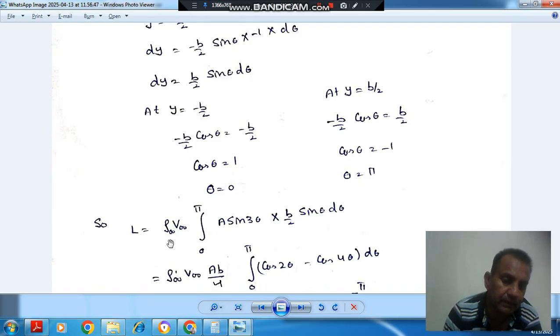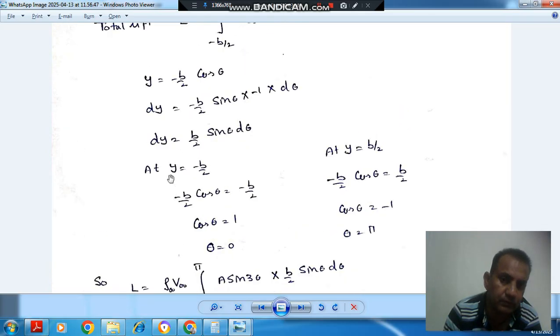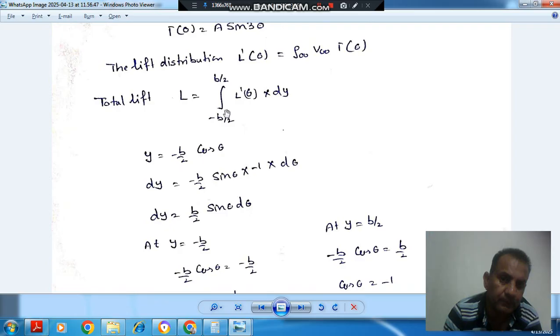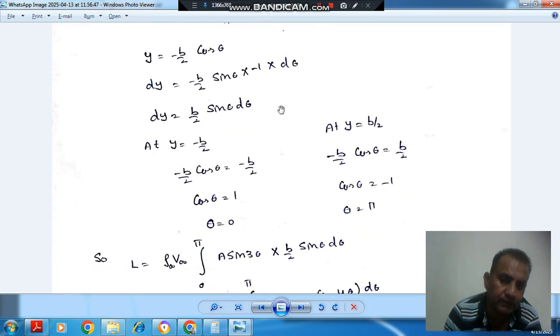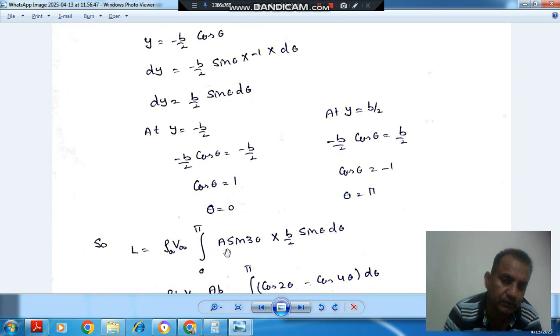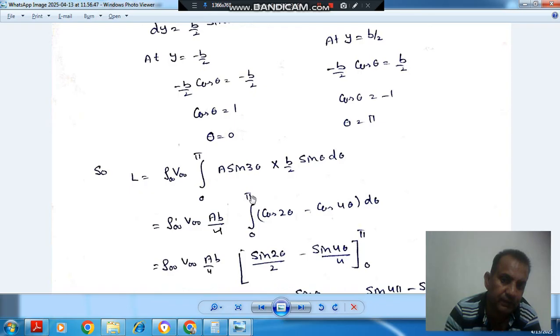Okay. And the rest of the things are the same. L' is ρ∞ V∞, and Γ(θ) is your A sin θ, and this is your dy. So now we can integrate it, but before integration we will modify this sin θ. Sin θ sin 3θ will be written as cos(A - B) minus cos(A + B), over 2, with A being 3θ and B being θ.